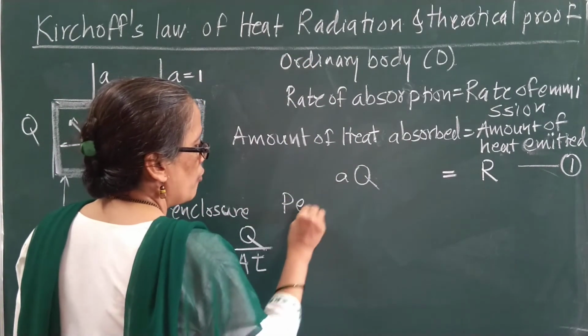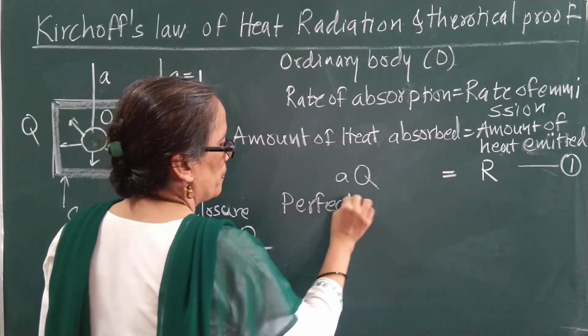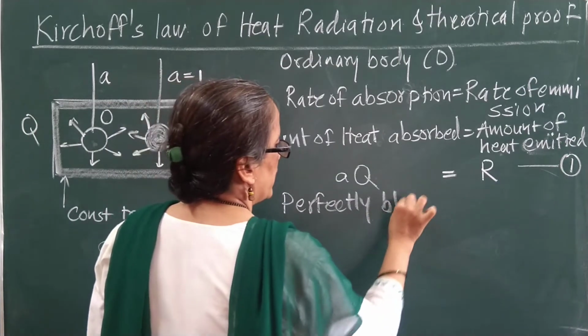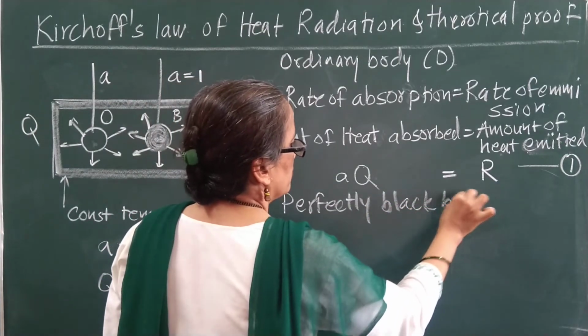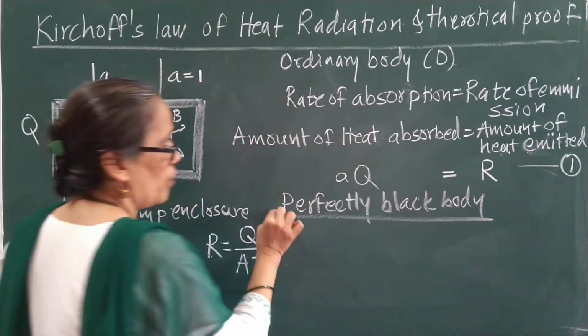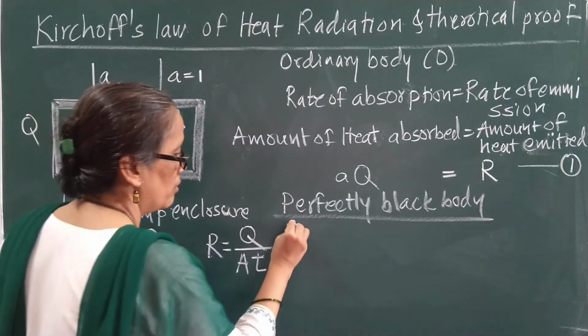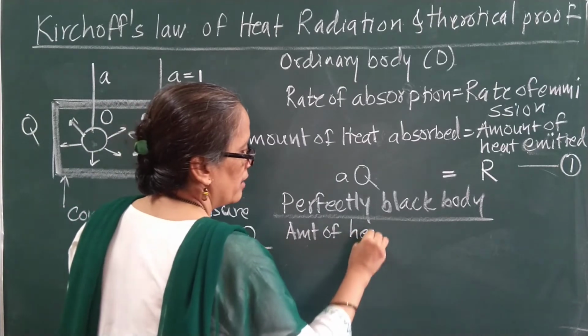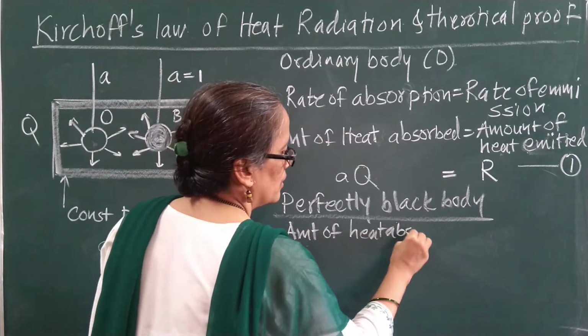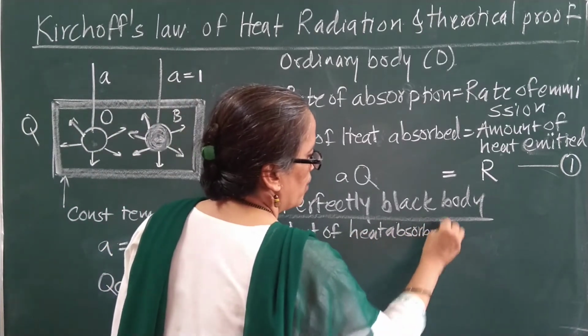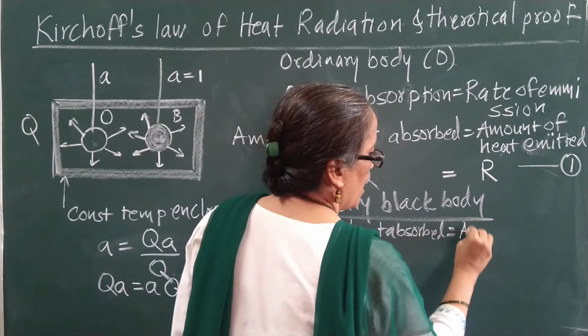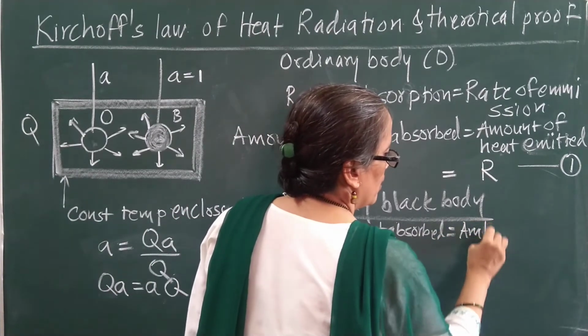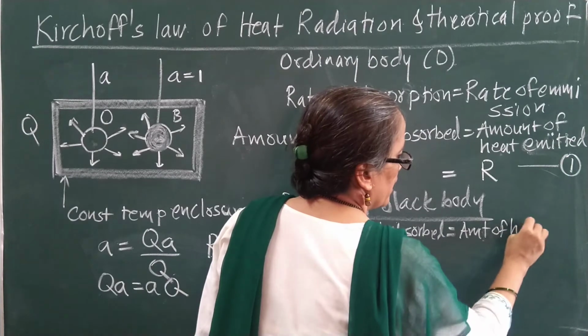So for a perfectly black body, same thing I will write down. What will I say? The amount of heat absorbed must be equal to the amount of heat emitted.